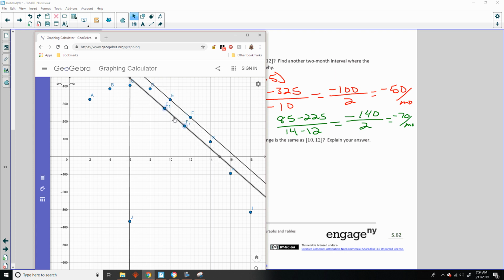And it looks like maybe from C to H. And it looks like B to I. D to G, C to H, B to I. So it looks like the rate of change is the same as we go out these months. That's really interesting, isn't it?